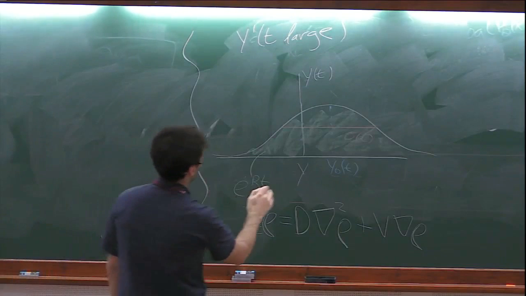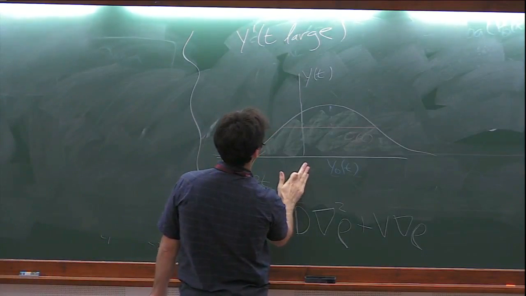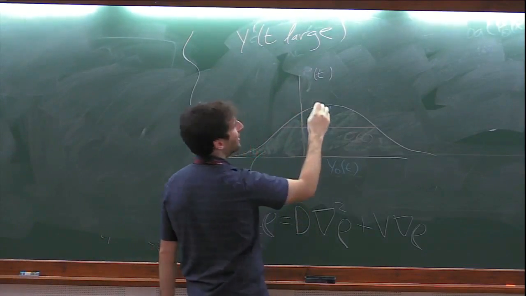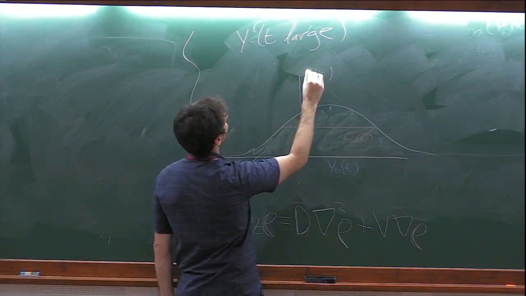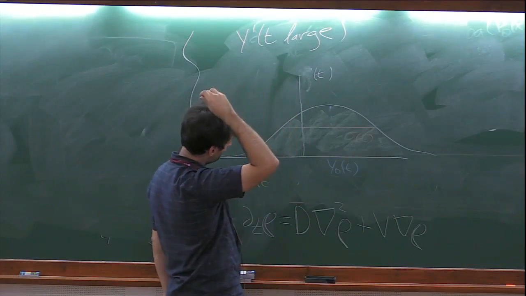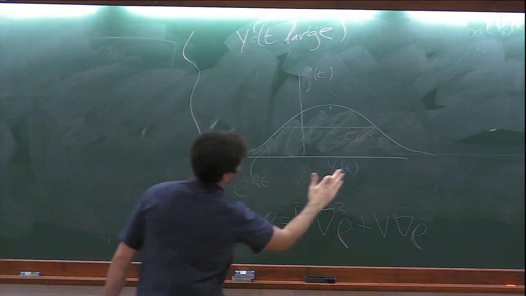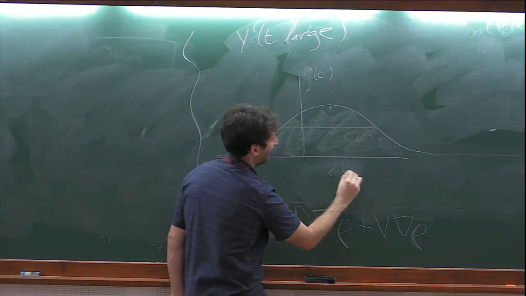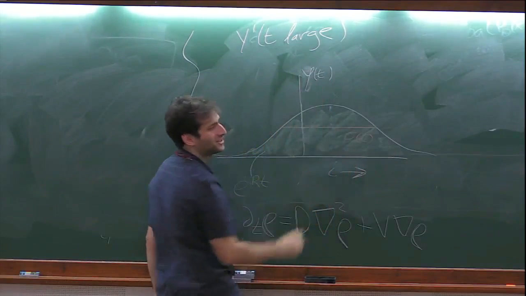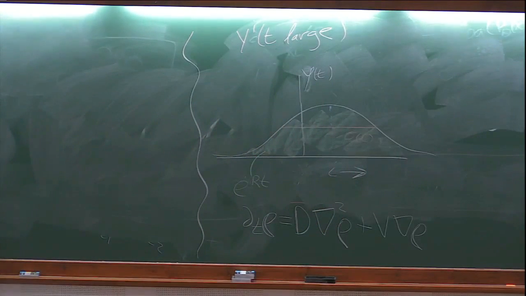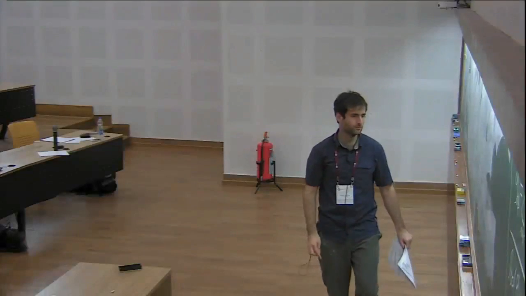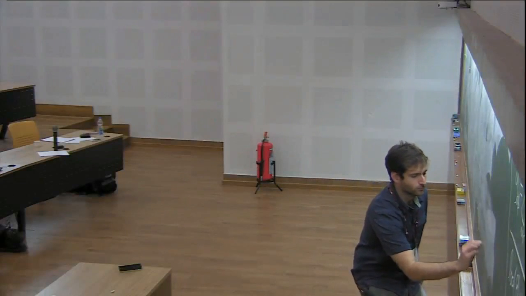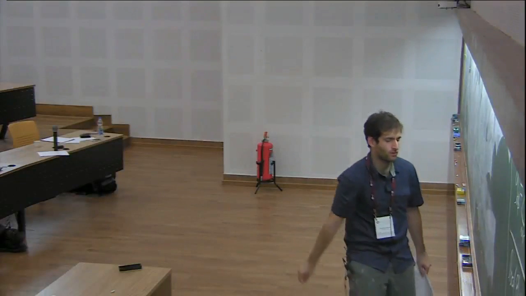I'm sorry, yes, this is rho. I'm sorry, this is I. And this is indeed y of t. That's R rho.